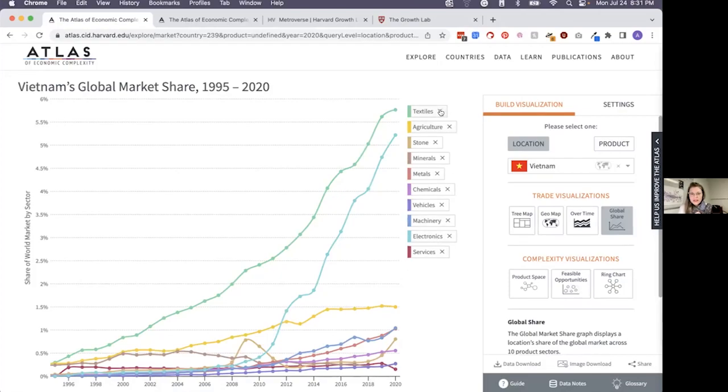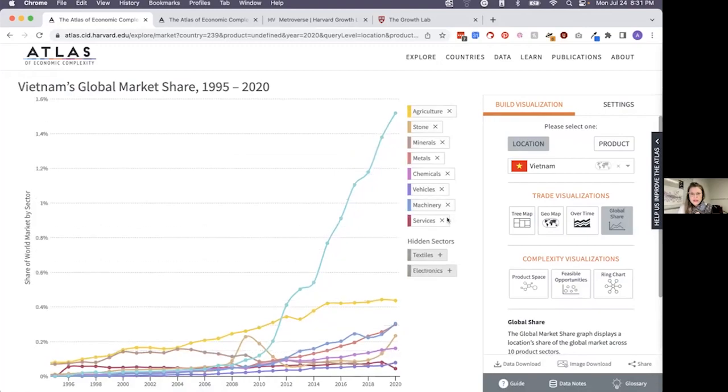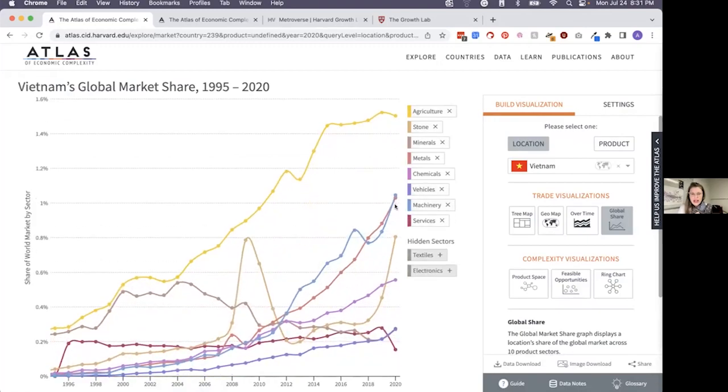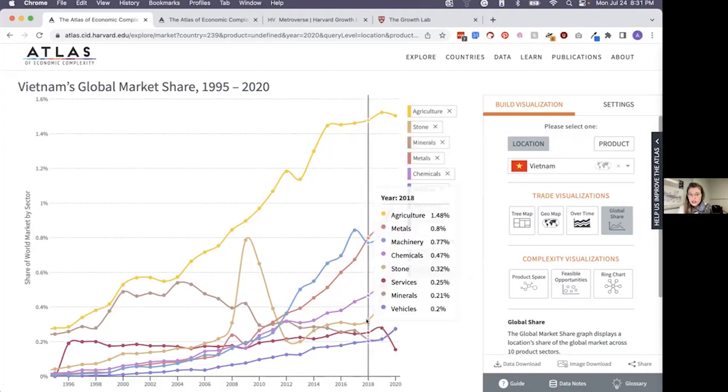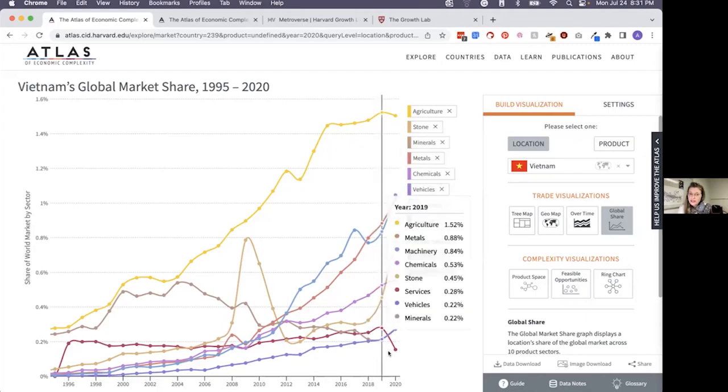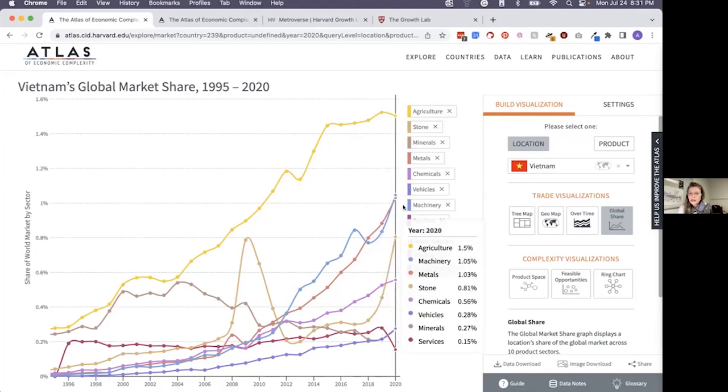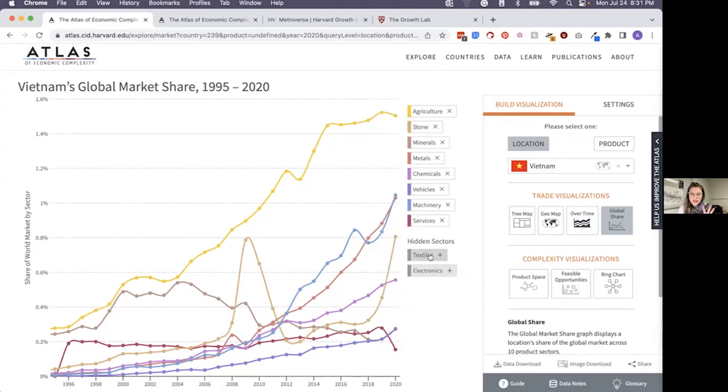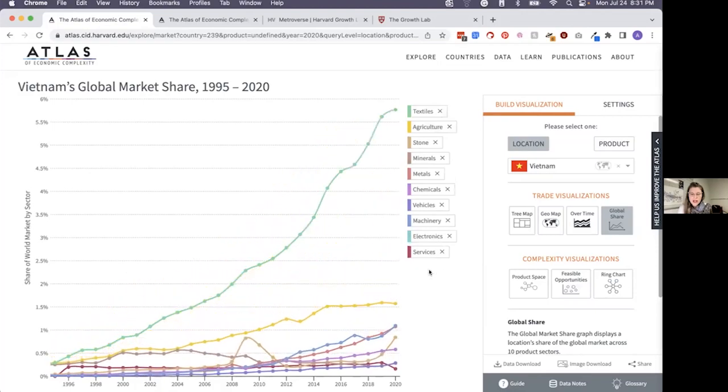We can get rid of textiles and we can get rid of electronics. And we see this graph adapt to get a little bit more insight as to what's going on in the bottom. And so we can see here that stone exports has surged in the last few years, but services has dropped. Okay, so that's sort of an interesting analytical story happening there. And then, of course, we can add them back.